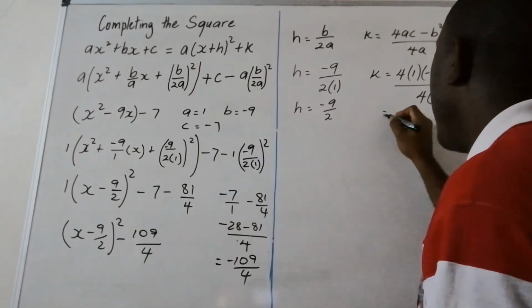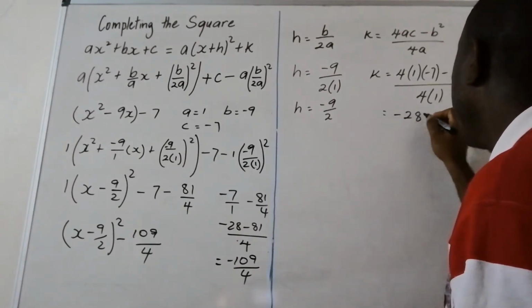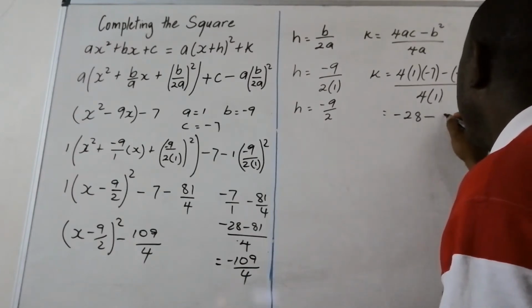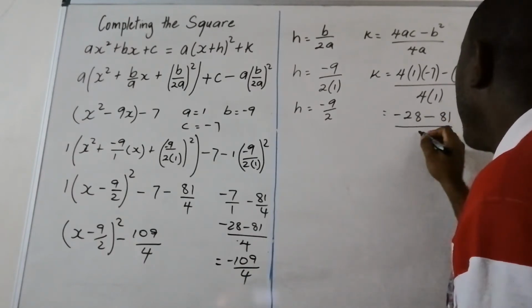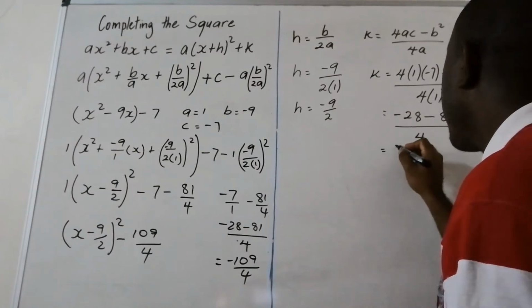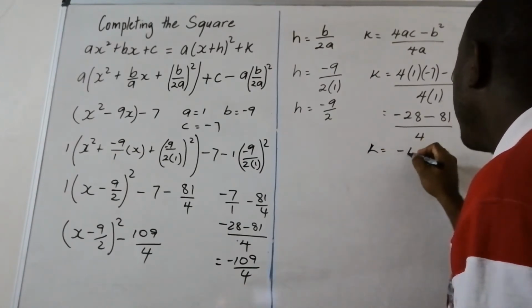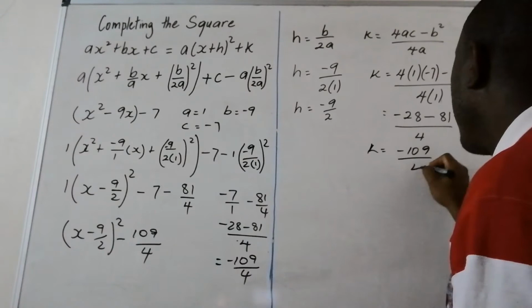That will give us minus 28 minus 81, all over 4, which gives k as minus 109 over 4.